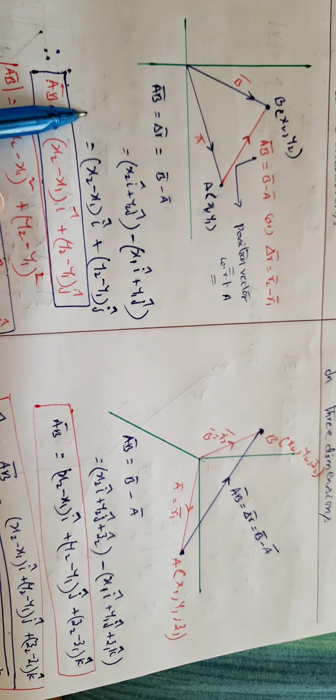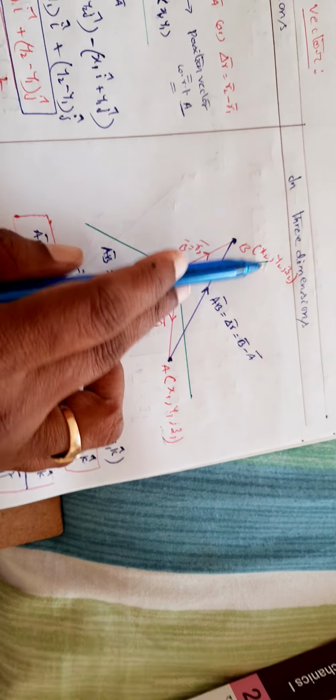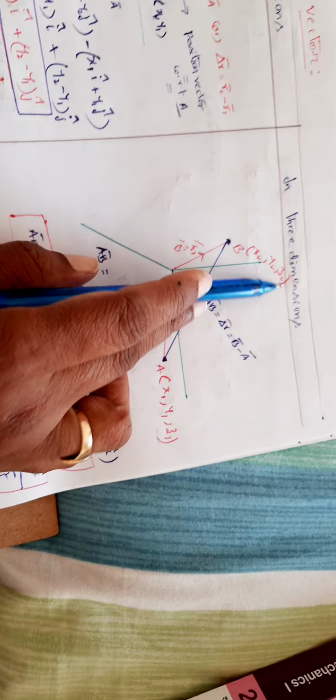Extending the same concept in 3 dimensions. What is the difference? You will have one more coordinate. Points x1, y1, z1 and x2, y2, z2 in the x, y, z coordinate system, from point A to point B, a particle shifted. Displacement is final position minus initial position.